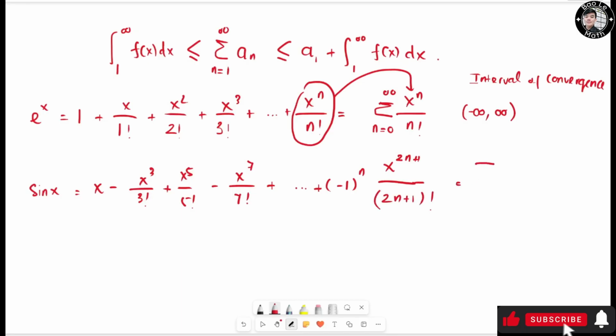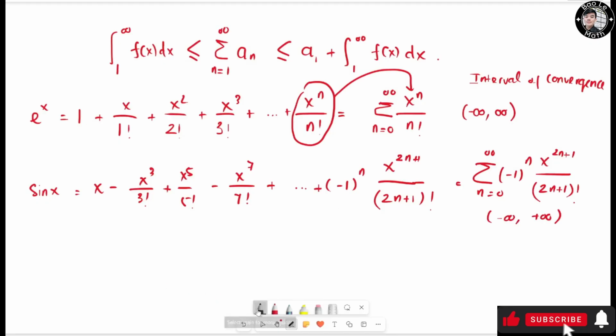It's actually the series sum of negative 1 raised to the n, s raised to the 2n plus 1, over (2n plus 1) factorial, when n goes from 0 to infinity. And the interval of convergence of this series is negative infinity to positive infinity.